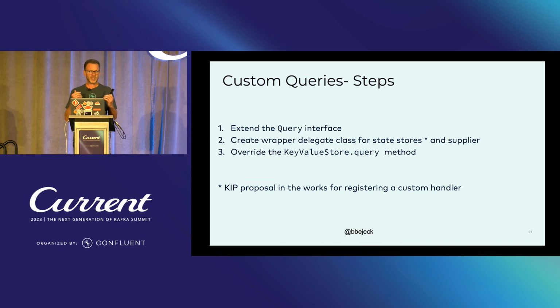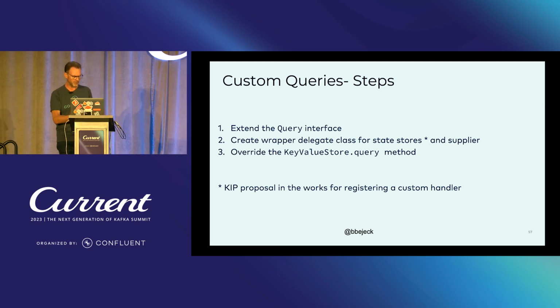So what I did was extend the query interface and create a wrapper, a class that implements the key value store interface, but it just accepts a delegate of an actual Kafka Streams state store that it can delegate to, and then override the query method. And I'm currently working on a proposal for being able to register a custom handler so that in the future, if you want to write a custom query, you would just register it.